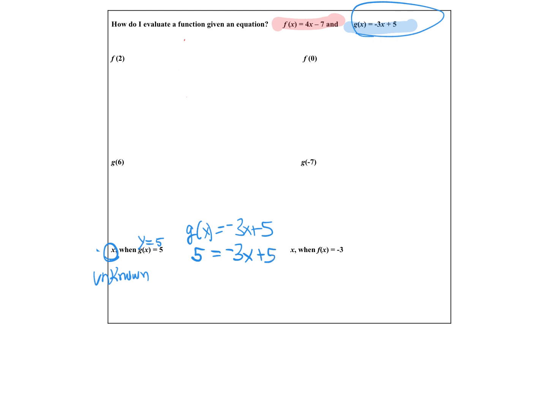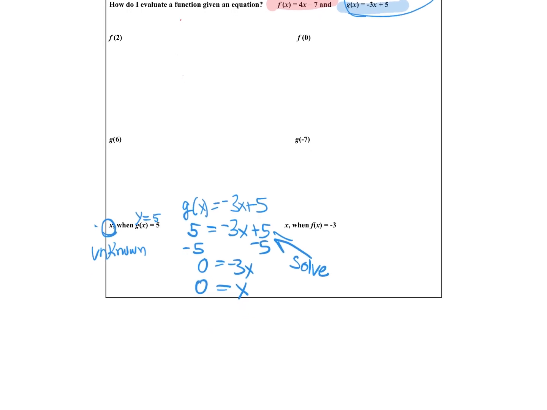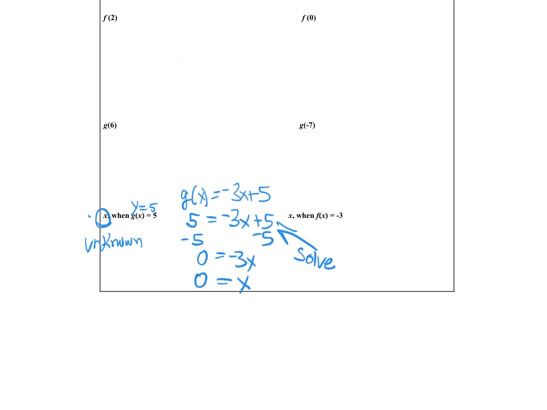And then I'm going to solve a two-step equation. So I'm going to subtract 5 from both sides and divide by negative 3. 0 divided by any number is going to be 0. And so what that tells me is that my ordered pair is (0, -5). My function notation is the value when x is 0, y is negative 5.